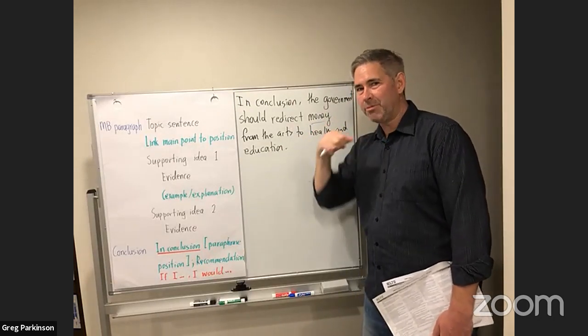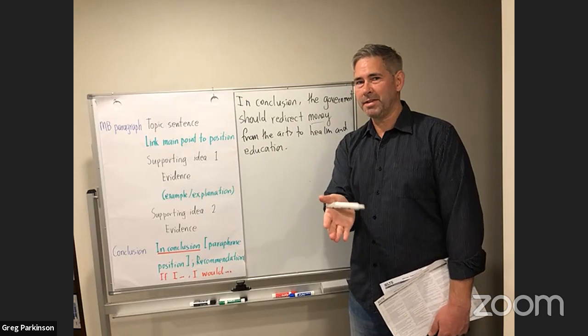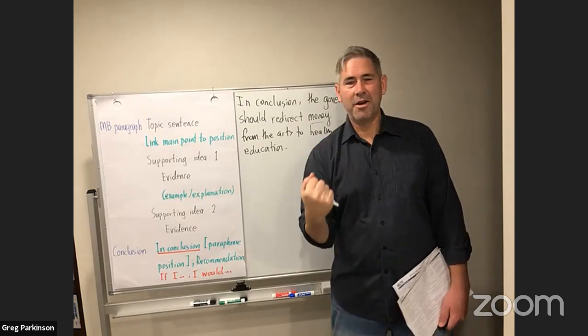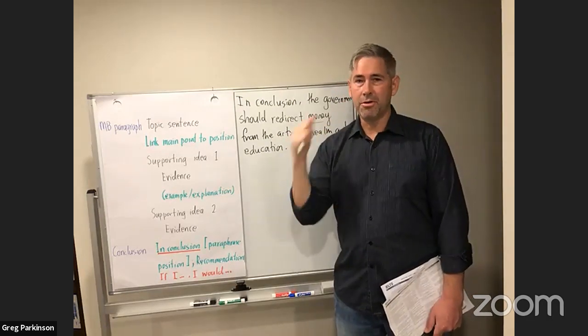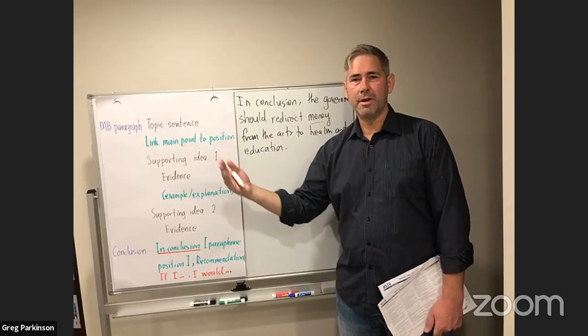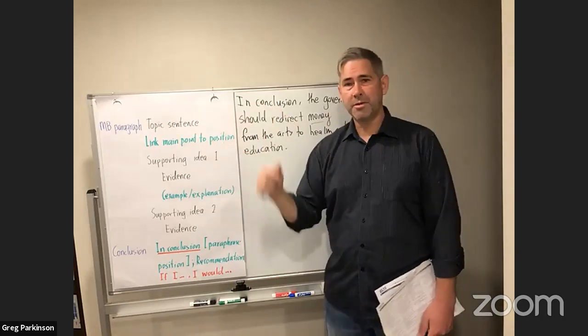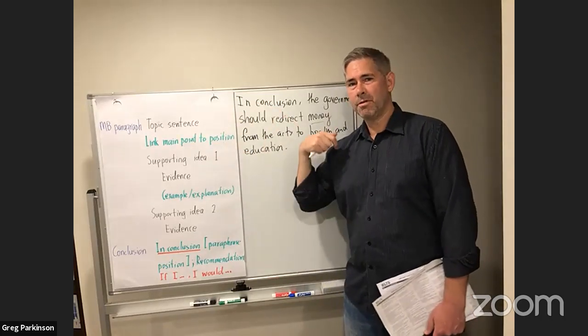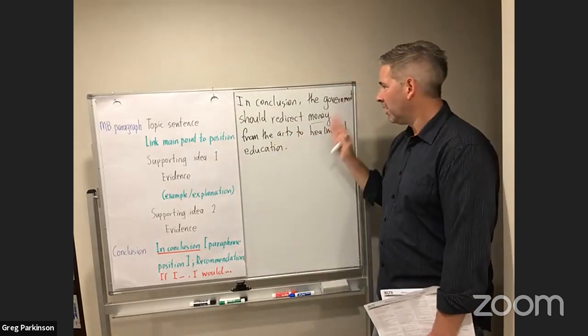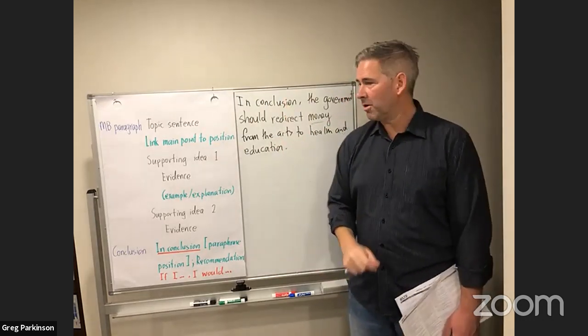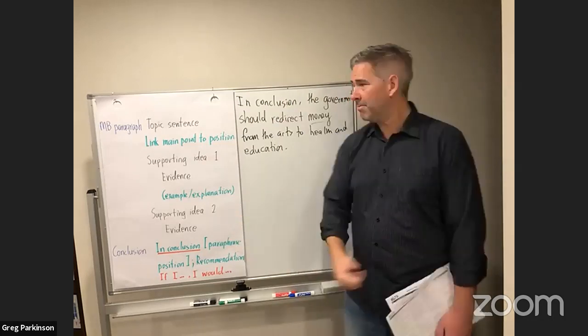And again, what I'm trying to get across to you with these templates is, I don't know if you like doing cooking, but it's nice to have a recipe that you know very well, which you can use. So what I'm giving you here is a recipe which you can use, hopefully you can remember and use in your exam, right? So the first part of the recipe for the conclusion is just paraphrase your position.